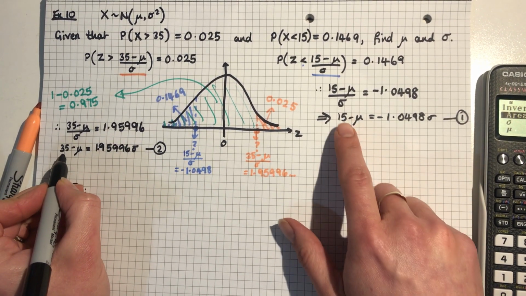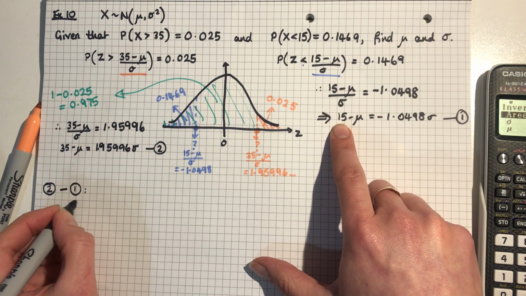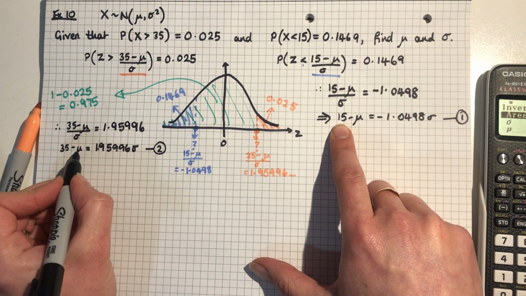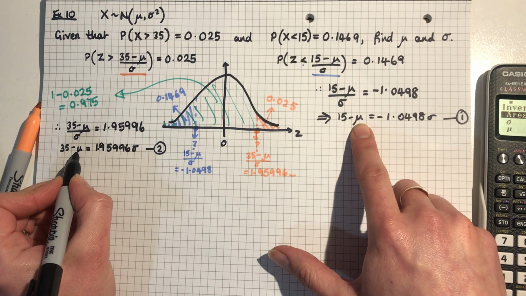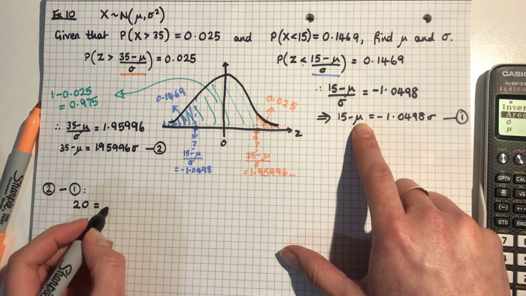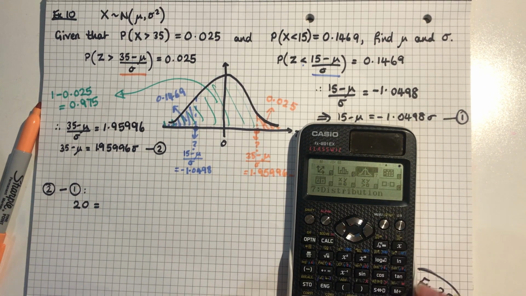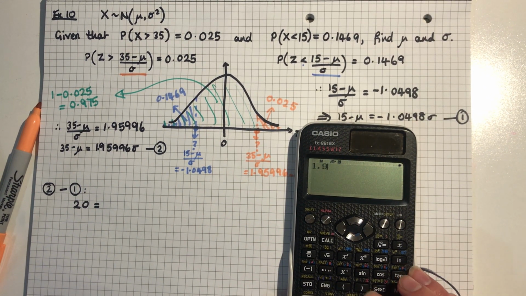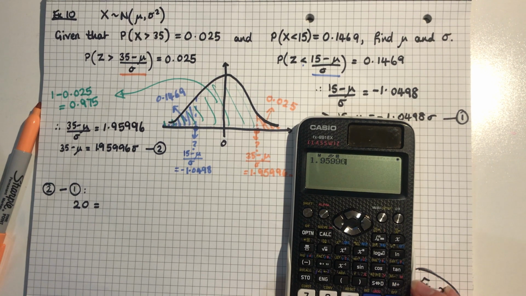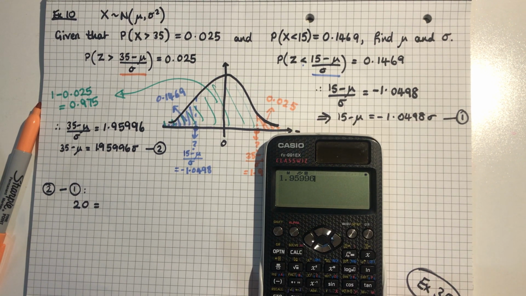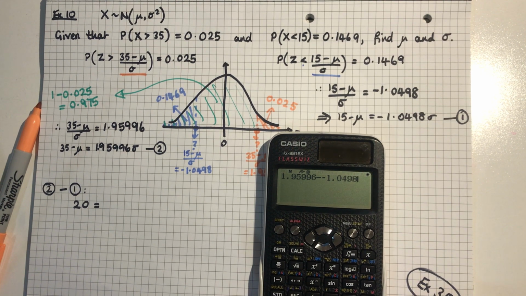So I'll have 35 minus 15, which is 20, minus mu, subtract minus mu, which is nothing. And then I have got 1.95996 sigma, subtract minus 1.0498 sigma.